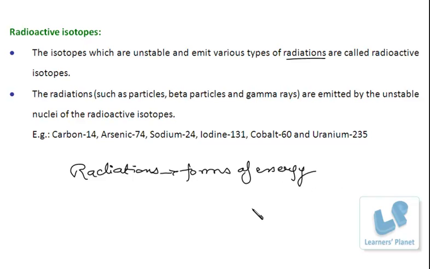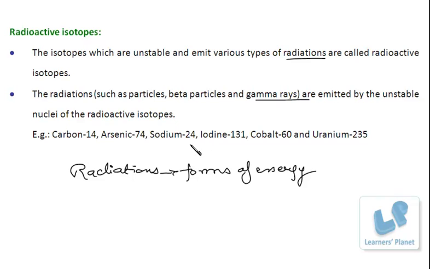That is, energy is emitted in the form of radiation. It can be alpha particles or beta particles or gamma rays. These rays are emitted by unstable nuclei of radioactive isotopes.